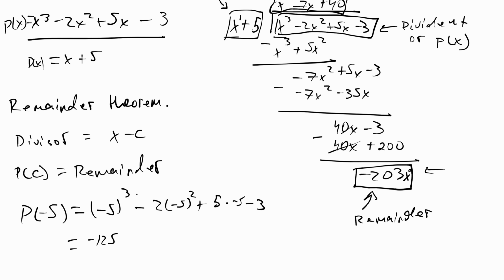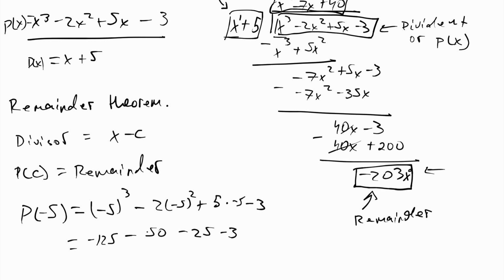So 5 times 5, 25 times 5. And minus -5 squared would make 25 positive. So minus 50, plus, actually no, minus right over here. Minus 25 minus 3.